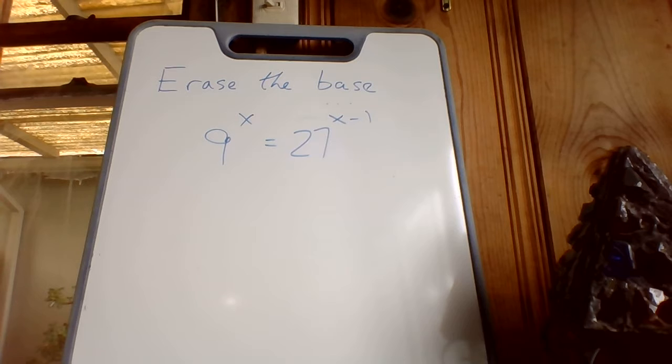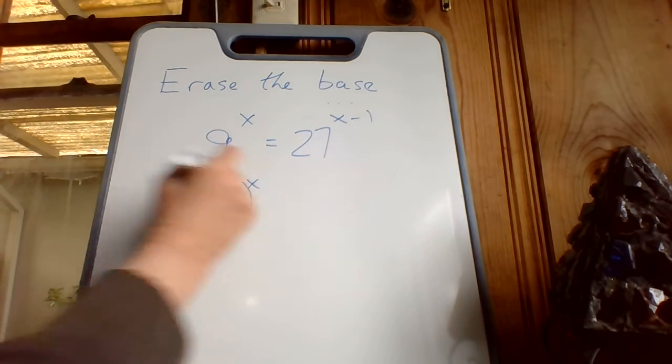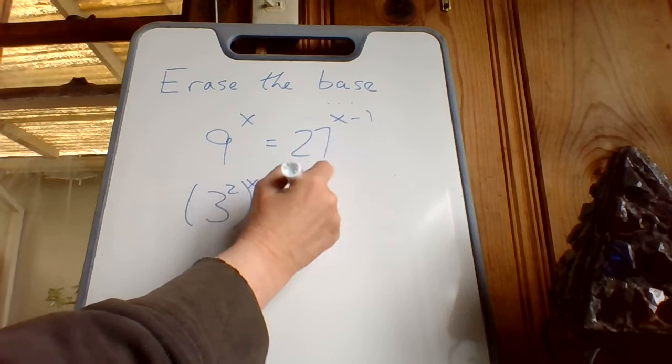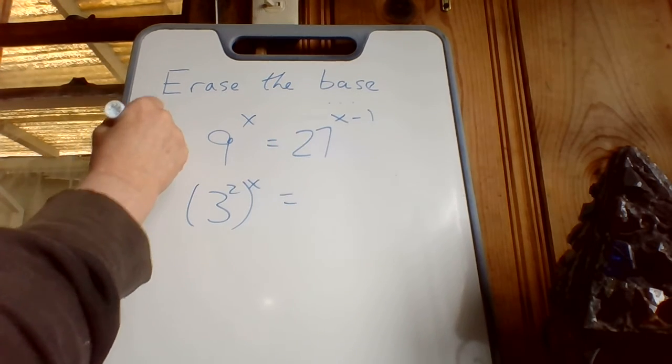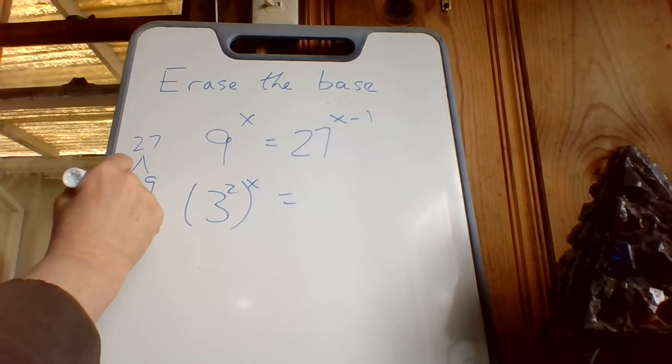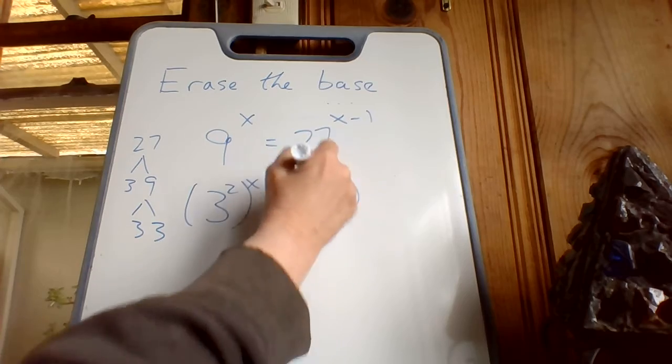All right, so 9, that's 3 times 3. That's 3 squared. And 27 is 9 times 3, so it's 3 times 3 times 3. So that's 3 to the 3.